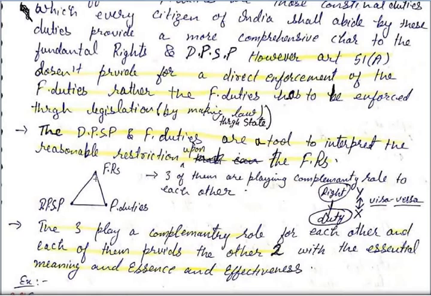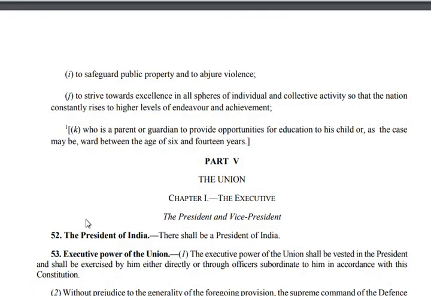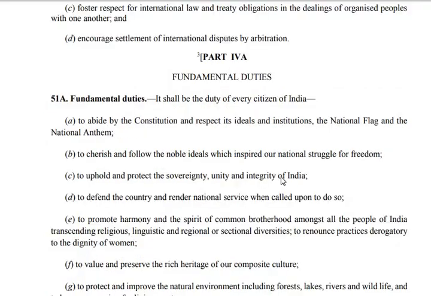Look, even if fundamental duties were not written, because till 1976 we did not have the fundamental duties expressly written into the Constitution, it does not mean that citizens did not have the fundamental duties. Earlier also they had the duties, but they were not specified in the Constitution.